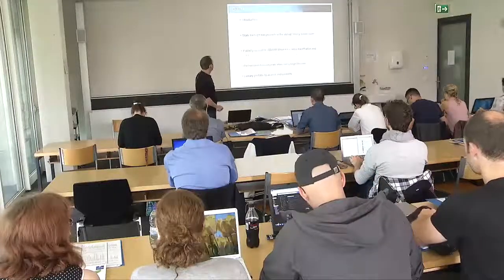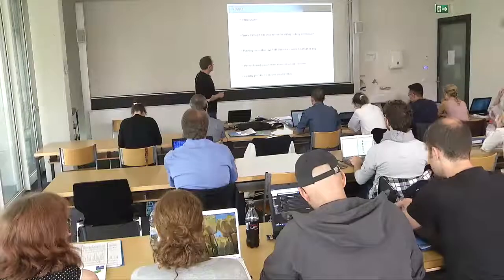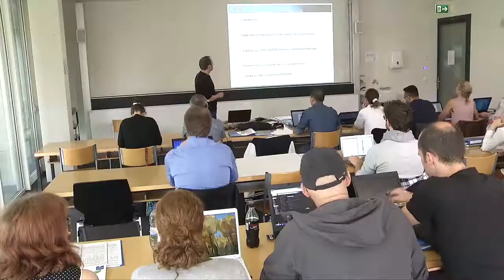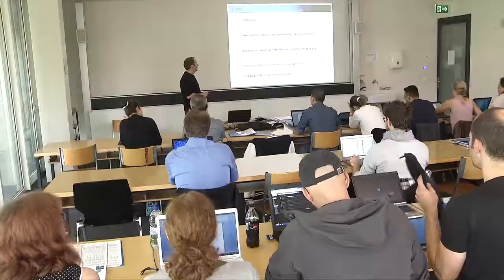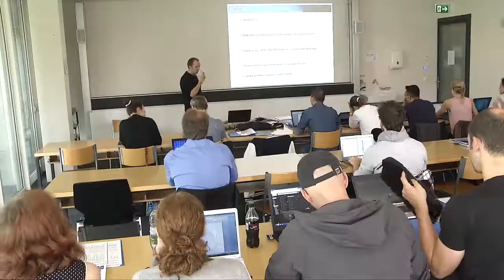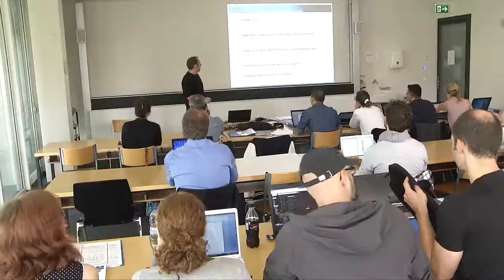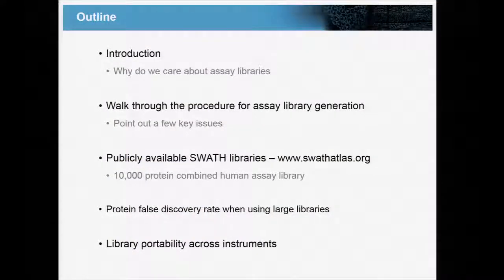So I just remind you, I think you should have it drilled into your brain already why we care about assay libraries, and then we'll walk through this procedure, the way that we do it here at least. I'll say a few words about some publicly available libraries, and I already mentioned this 10,000 protein combined human assay library that we published not too long ago.